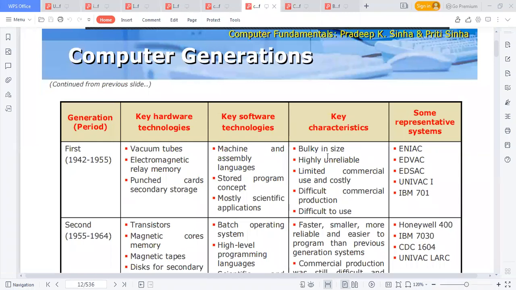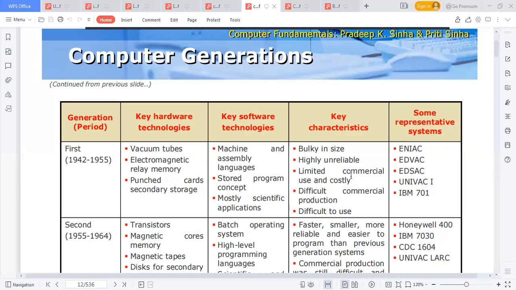Now key characteristics: bulky in size. This was a big computer, that means it looked like a room, like a small building. First generation computers were bulky in size and highly unreliable. That means they gave wrong results, not reliable results. They had limited commercial use and were costly.